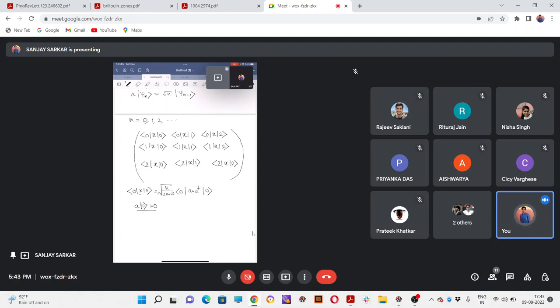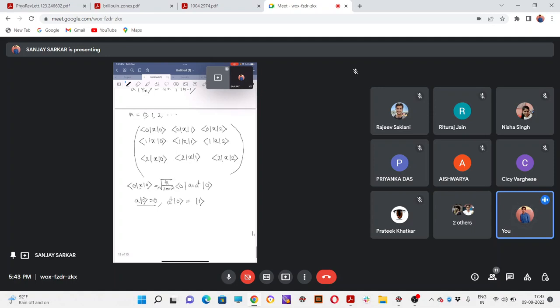Since 0 is the ground state, we can't go below 0, so this is 0. And a dagger operating on 0 will give us the first excited state with some value, with only 1, the value is 1. So a dagger acting on 0 will give us this state.